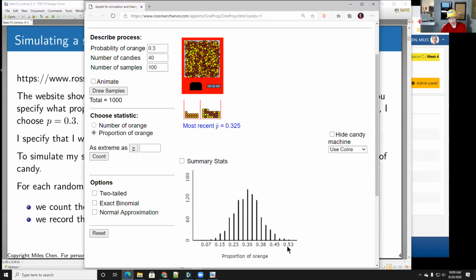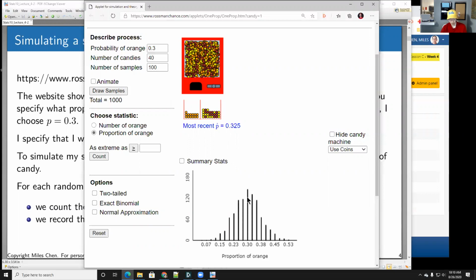And what we see is something that's beginning to look like the normal distribution, where values near the middle are the tallest, meaning these occurred the most frequently, and values that are far above and far below occur much less frequently, okay?